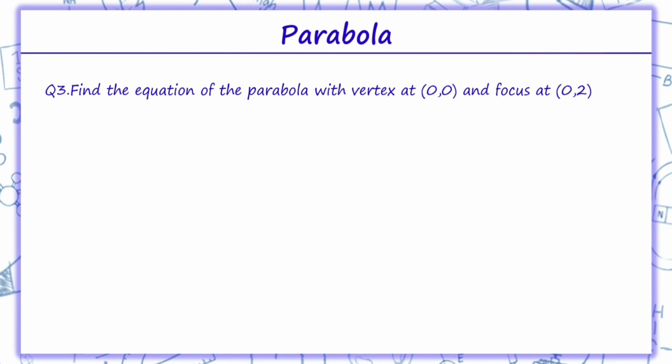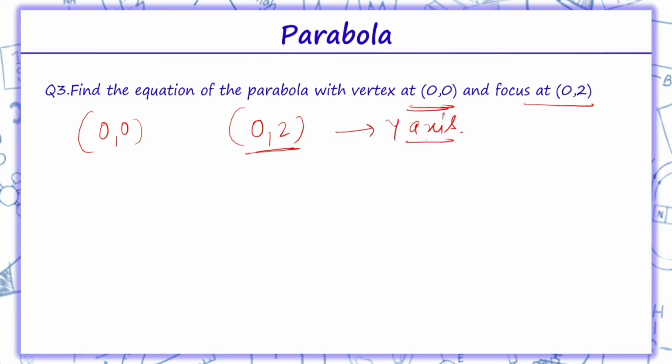Coming on to the next question, find the equation of parabola with vertex (0, 0) and focus at (0, 2). Now since the vertex is at (0, 0) and the focus is at (0, 2), this focus is lying on the y axis and the y axis is the axis of the parabola.